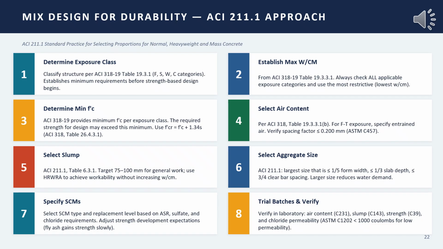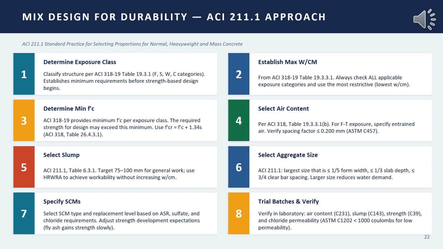Step 4, select air content. If any freeze thaw exposure applies, specify entrained air per table 19.3.3.1 based on your nominal maximum aggregate size. Step 5, select slump.